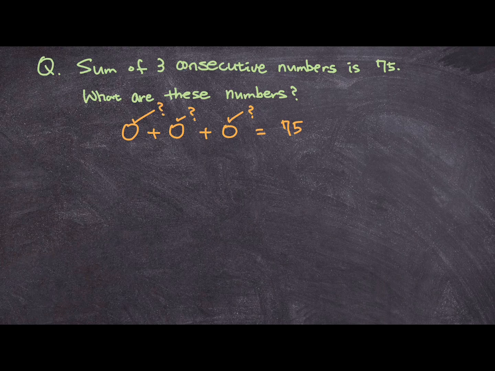Now, since we do not know any of those numbers, I'm going to set the first number equal to x. The second number, because these are consecutive numbers, will be 1 greater than the first number, so I'm going to set that second number equal to x plus 1, and the third number, consequently, x plus 2.